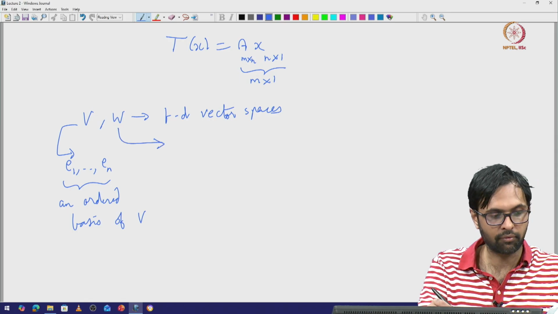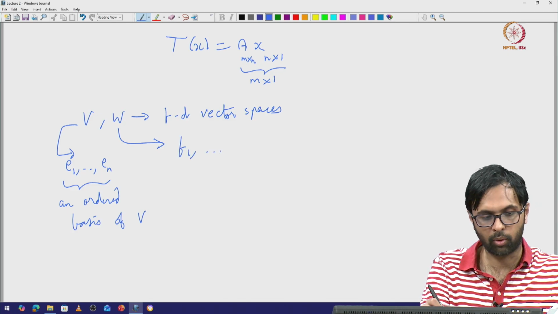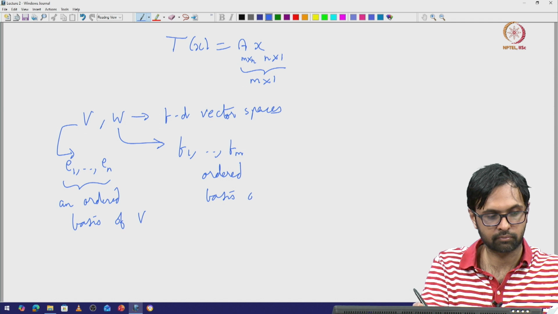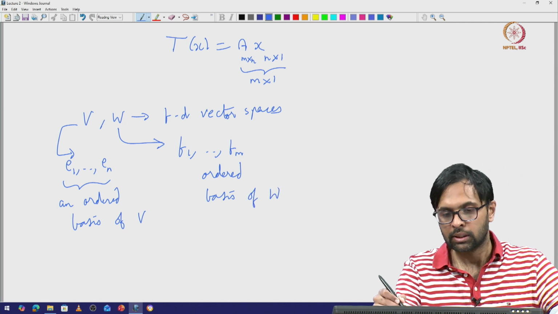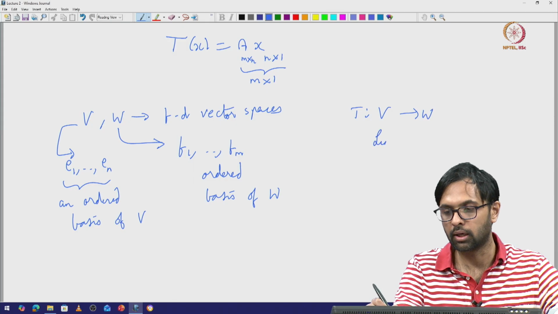And let's say we have a basis for W. Let's call this basis f1 to fm, an ordered basis of W, right? And let's say T from V to W is a linear map, yeah?